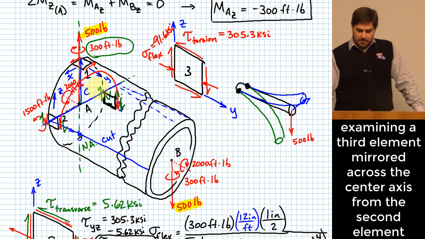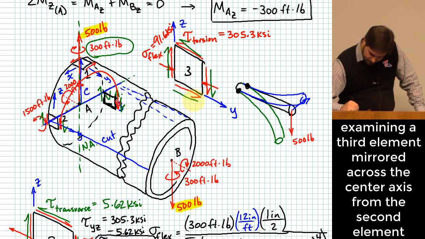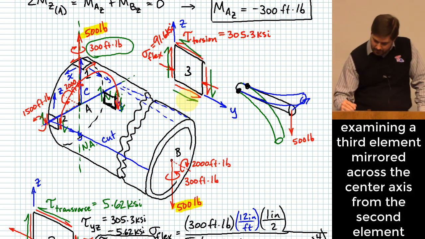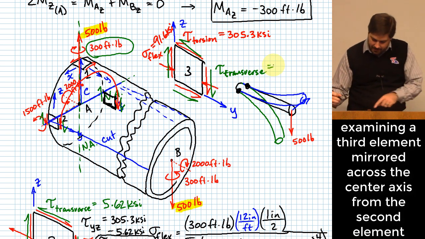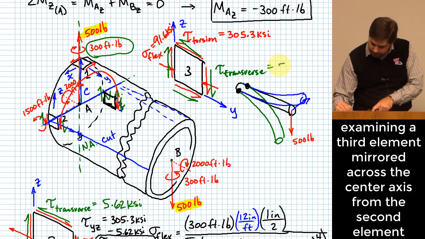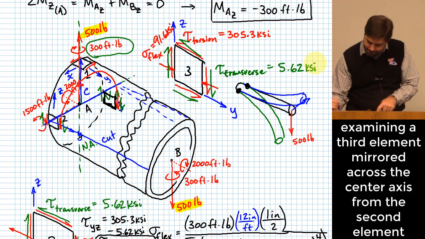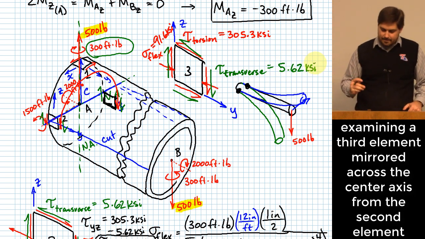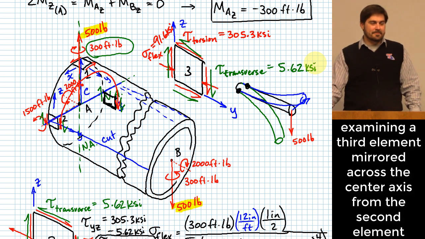So my transverse component now goes the same direction. Okay. And it has the same value as it had before, 5.62 KSI. Okay. Does that make sense?